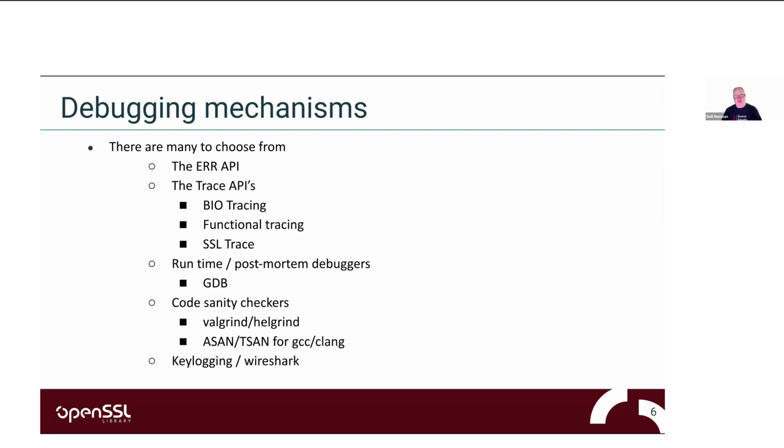There's also tools that are available that let you debug in general use cases, which you may or may not be familiar with, that OpenSSL has features that you can use to integrate tightly with. Those include runtime and postmortem debuggers like GDB, code sanity checkers like Valgrind and ASAN or Helgrind and TSAN, and they include other tools that are not directly related necessarily to your application, like Wireshark for network data debugging. And we're going to take a brief look at all of these today.